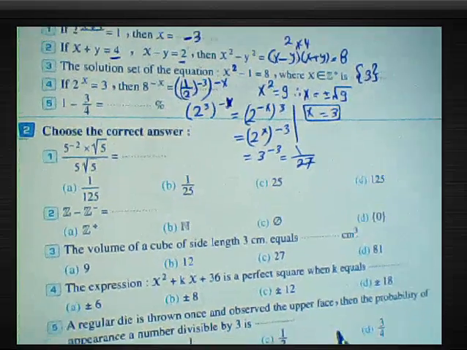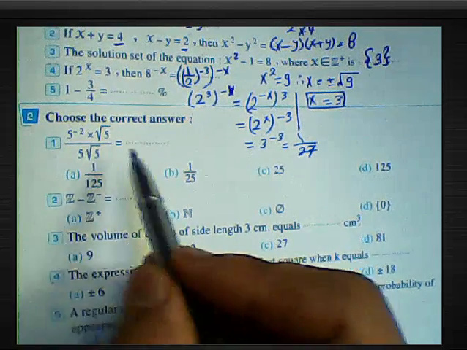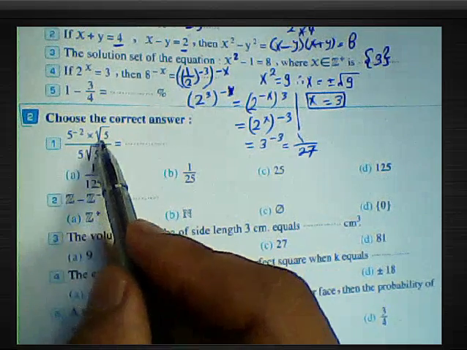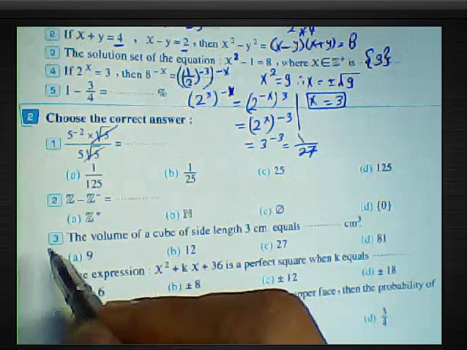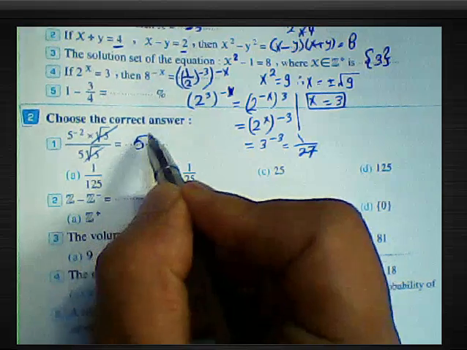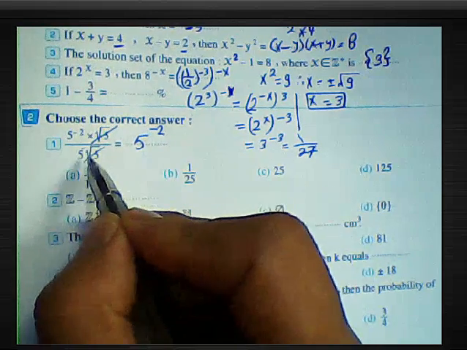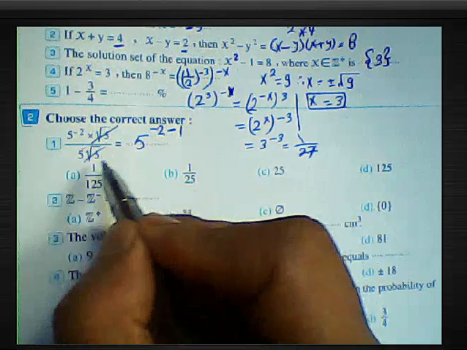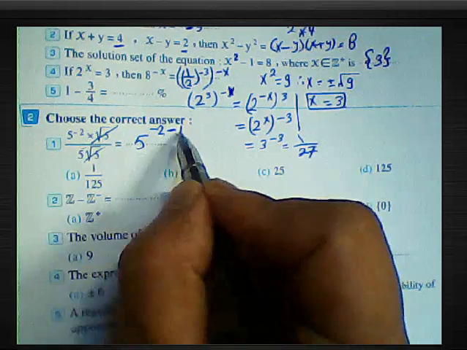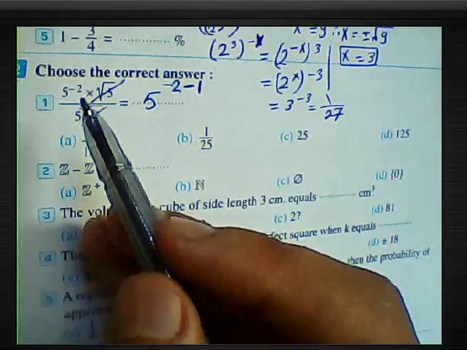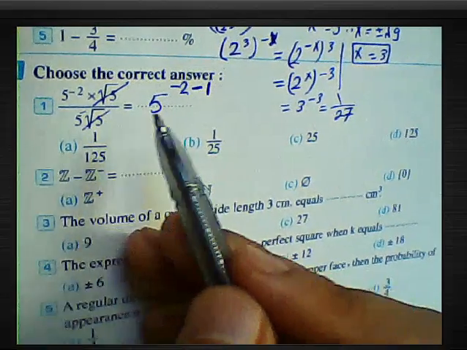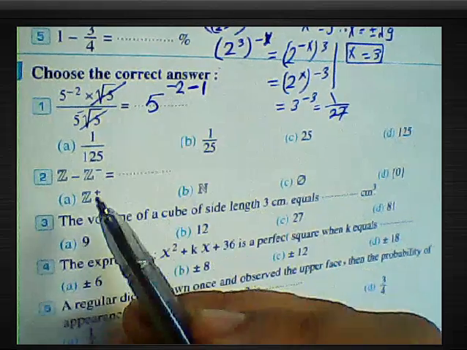Okay, question number 2, choose the correct answer: 5 power negative 2 multiplied by root 5 over 5 root 5. We can cancel root 5 with root 5, and the result will be 5 power negative 2 minus 1. Here 5 power 1, we subtract the powers because we divide two terms with the same base. 5 power negative 2 over 5 power 1 is 5 power negative 2 minus 1.